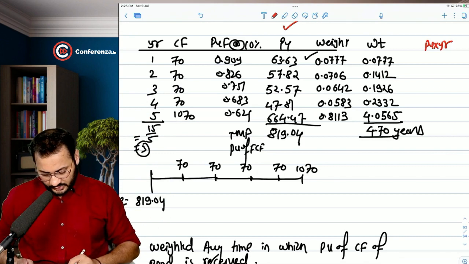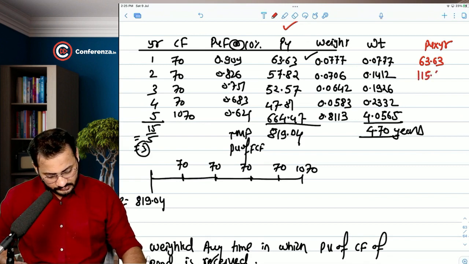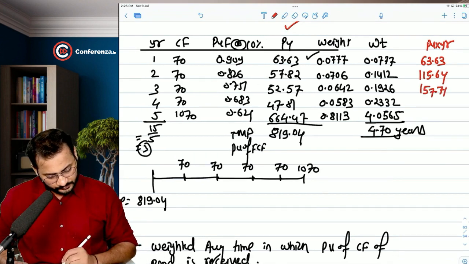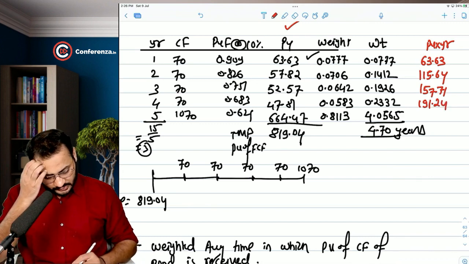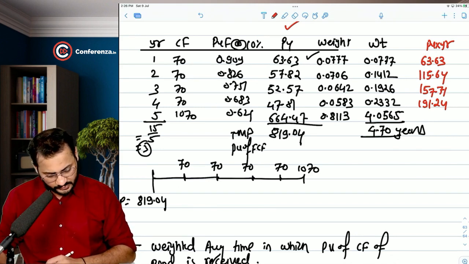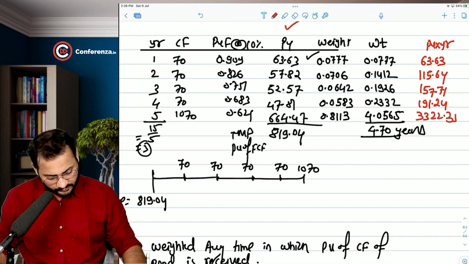So 63.63 into 1, plus 57.82 into 2, plus 52.57 into 3, plus 47.81 into 4, which is 191.24, plus 661.47 into 5, that goes to 3322.35. Let's do the total of all this.